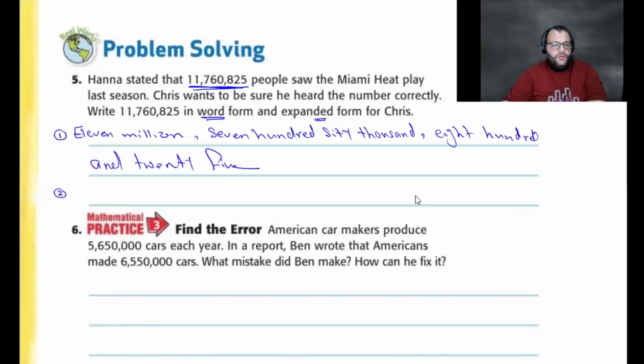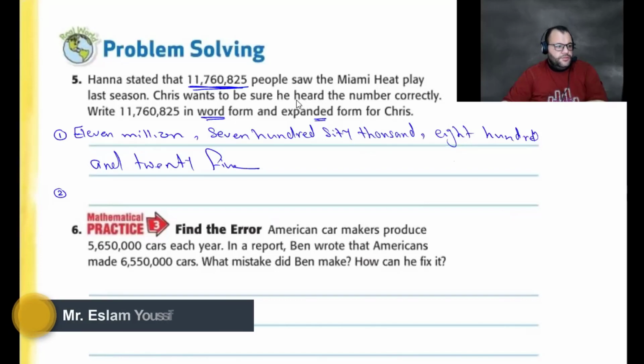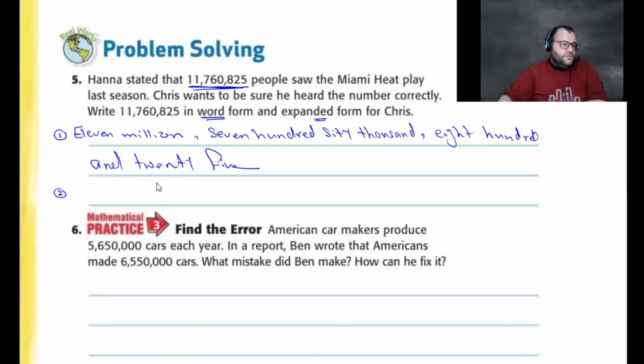Ibrahim Galhoum, can you solve this one? It is 1 times 10 million plus 1 times 1 million plus 7 times 100,000 plus 6 times 10,000.